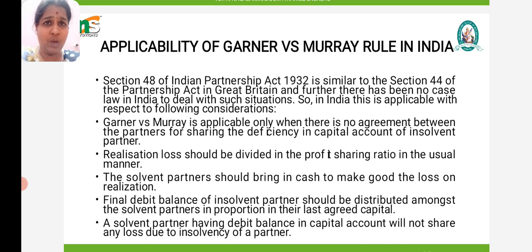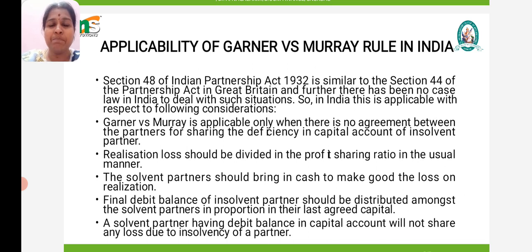As India was ruled by British people, Indian law is enacted by keeping the British law as a base. Here the Garner versus Murray rule was a rule in the Partnership Act of Great Britain under Section 44.